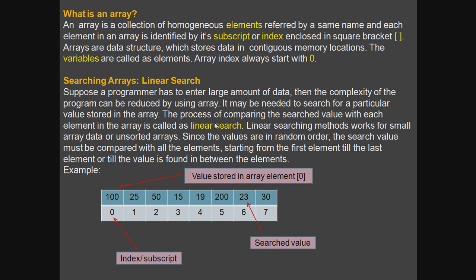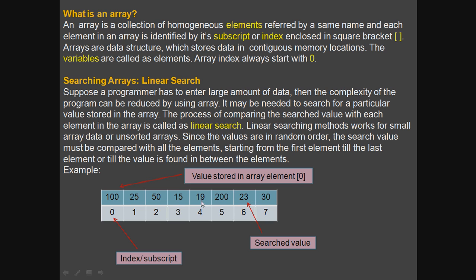So there is an advantage to using an array, and also a disadvantage. The linear searching method works for small array data or unsorted arrays. If the size of the array is small, or if the array is unsorted. Unsorted means the values are in random order, like the values stored in this format.